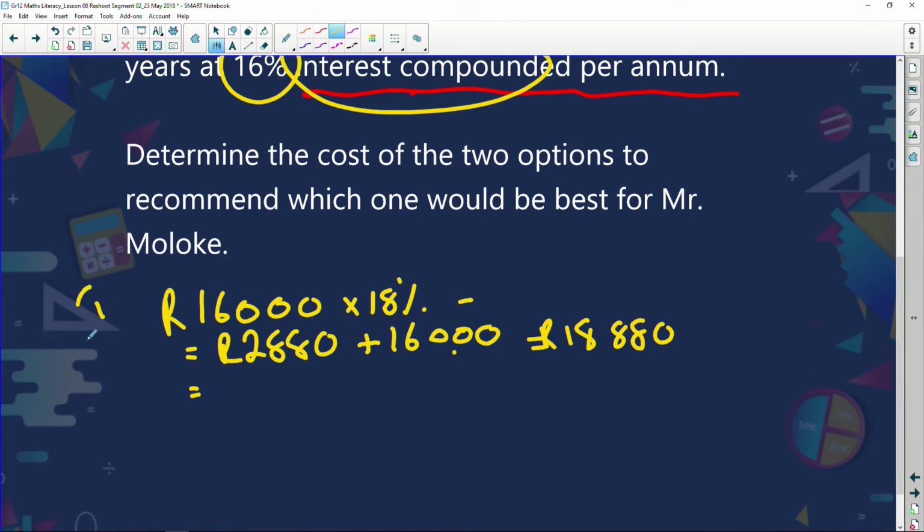That's after year 1. Year 2 comes along and we say, right, we've got an amount of 18,880 Rand that we owe. We've already worked out that 18% of 16,000 is this amount here, the 2,880 Rand. And remember, simple interest, we're always charging the same interest.